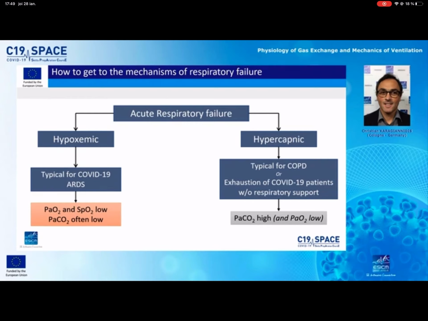Hypercapnic presentation is more or less seldom in COVID-19 patients. It's more typical for patients with COPD, except the COVID-19 patient has a COPD or asthma. In this patient group, they usually present with a high CO2 and also with a low PaO2, but your leading lab value in this case is PaCO2.